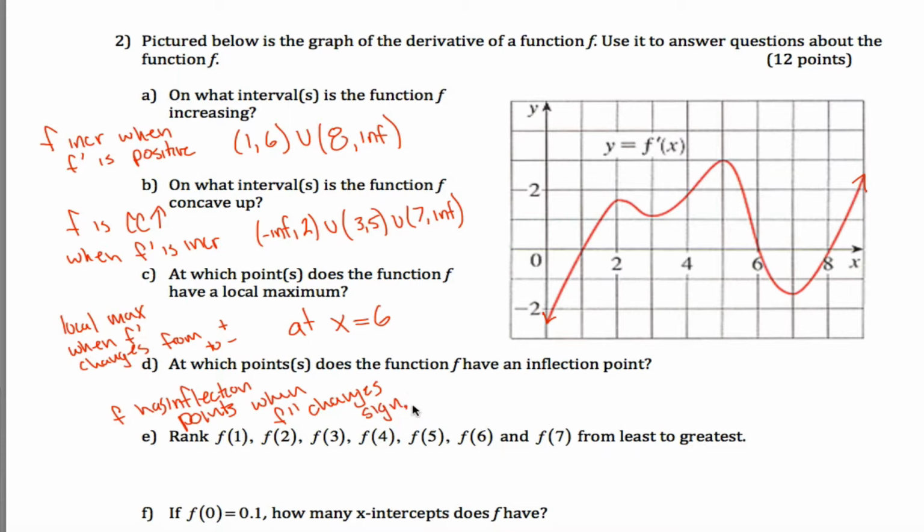So when does that happen? Which happens when f prime changes from increasing, how about increasing / decreasing?